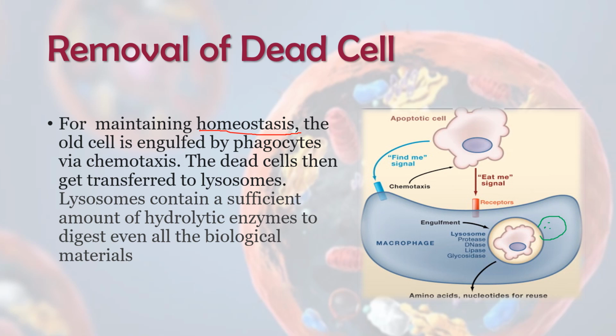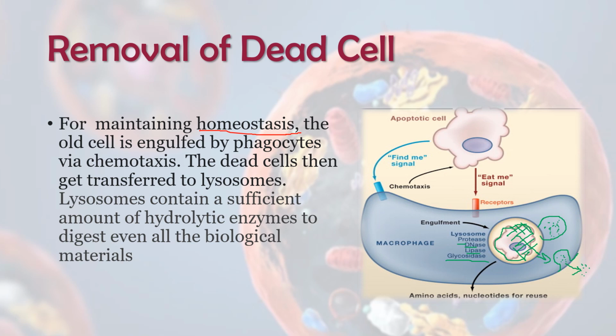All the hydrolytic enzymes present inside the lysosome, that is protease, DNase, lipase, and glycosidase, help in the breakdown of this apoptotic cell. It is broken down into simpler forms which are used by the macrophage, and the residuals that are not of any use to the cell are removed by the process of exocytosis.